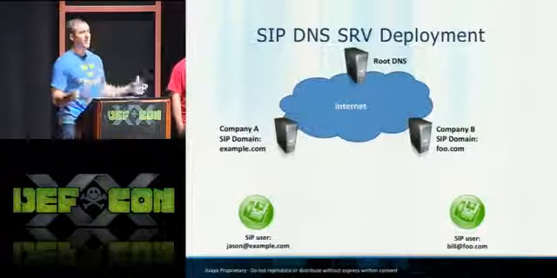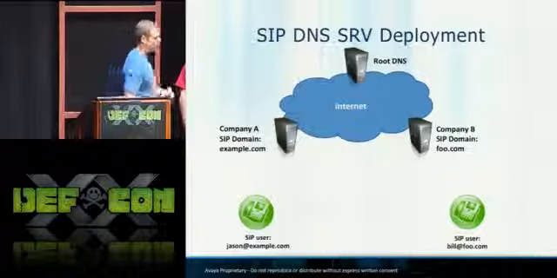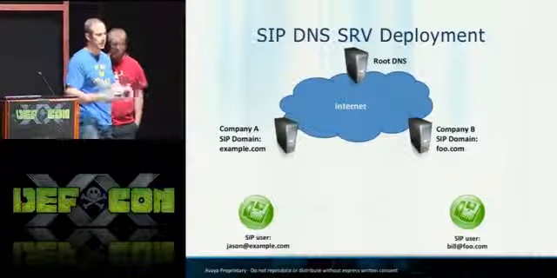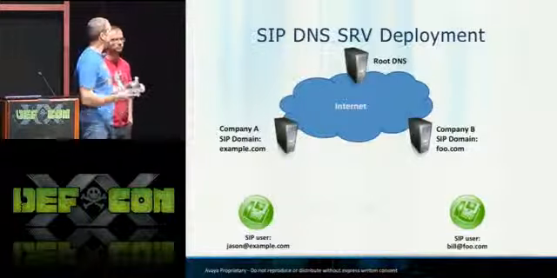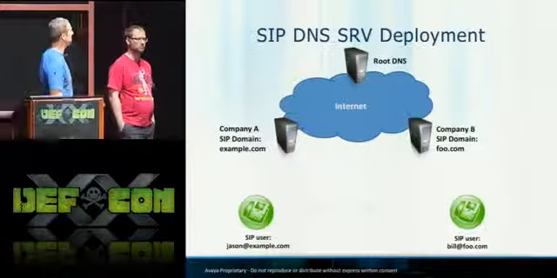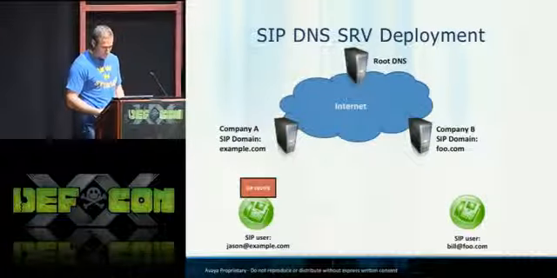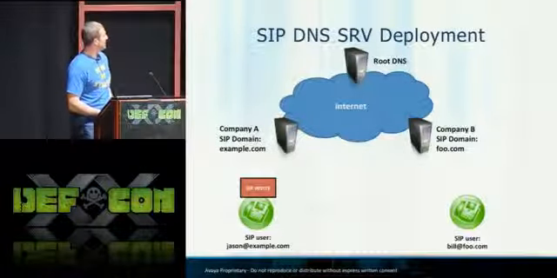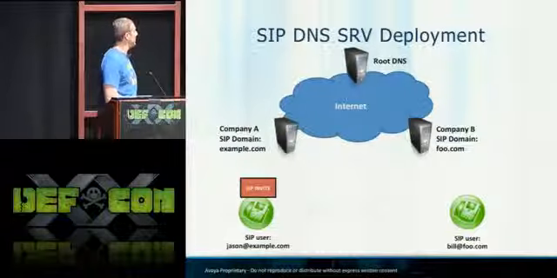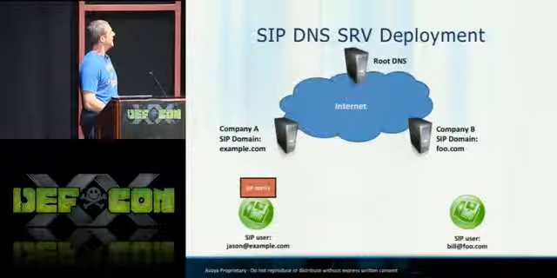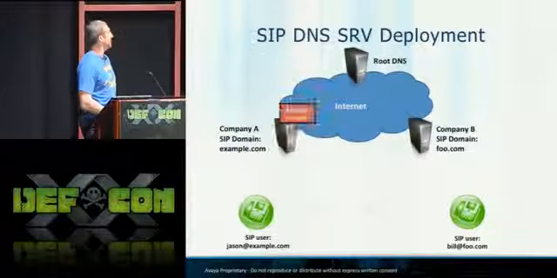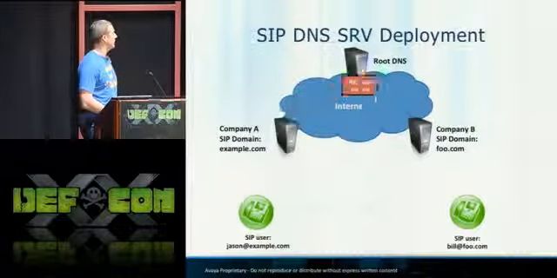So why aren't more people doing this? We started thinking, why are all these companies directly connecting to the carriers and not doing this method? Let's look at a sample architecture for this. Jason is connected on example.com, and his SIP service with his enterprise is connected on the edge of his network. He sends a SIP invite and does the DNS SRV lookup for foo.com, because he wants to call Bill's organization.